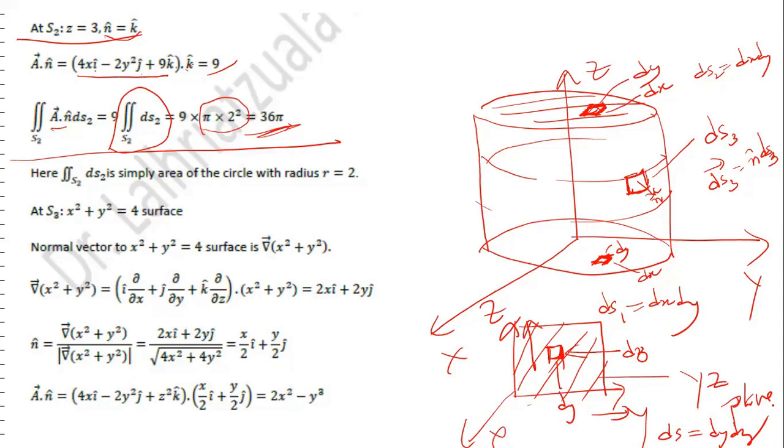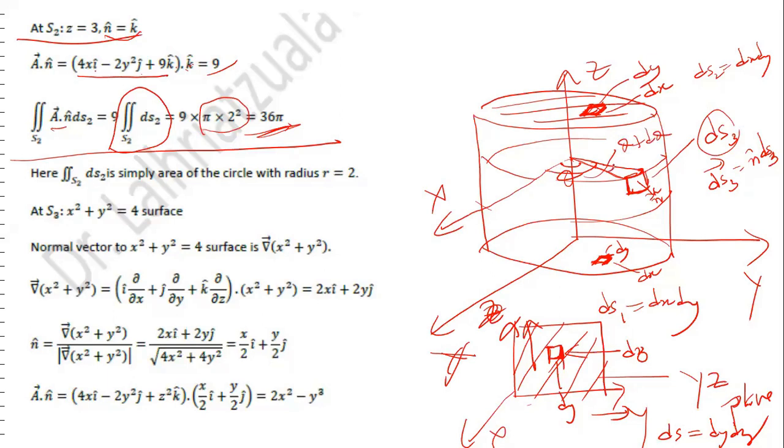All right, now for this curved surface, how are we going to choose the area element ds3? I think you can picture it from here. If you draw a line here where this intersects this, so this is your x-axis, right? The angle subtended by one edge here, we call it theta, and the angle subtended by the other edge of this small area element, we call it theta plus d theta.